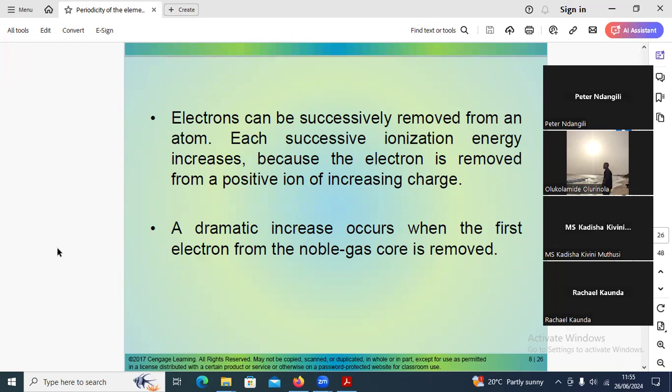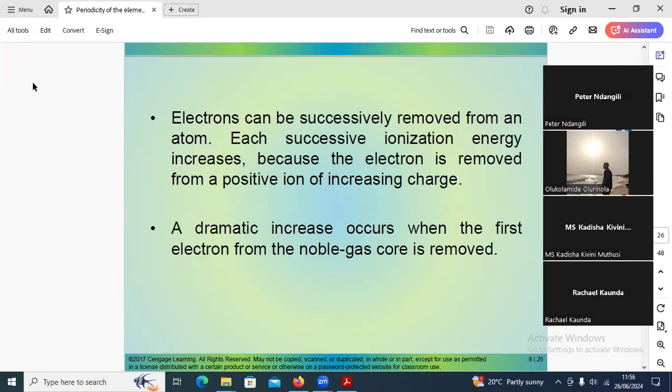And the third ionization energy, the energy responsible for the removal of a third electron, and so forth. And that is why we are saying that each successive ionization energy increases, because the electron is removed from a positive ion of increasing charge.